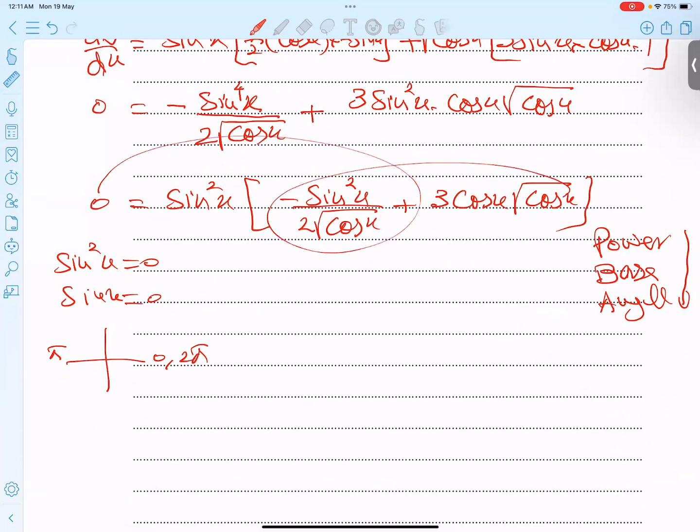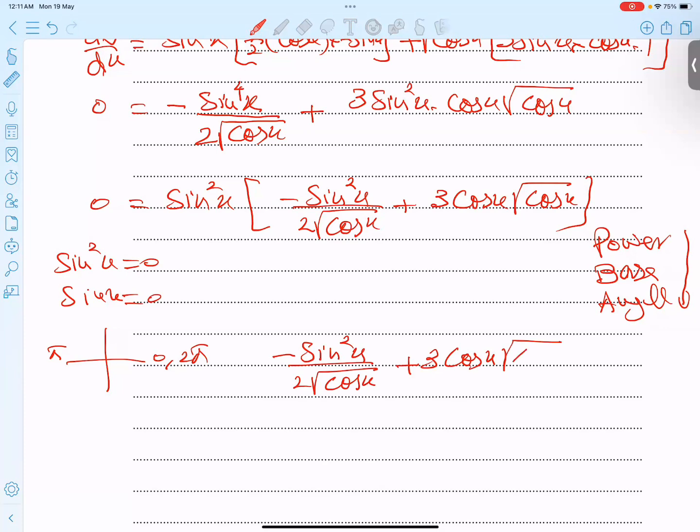Second part, this is equal to 0, students. So what am I writing now here? Negative sine square over 2 root of cos x plus 3 cos x root of cos x is equal to 0. I bring this to the other side. So 3 cos x root of cos x, and sine square becomes positive, and 2 cos root.